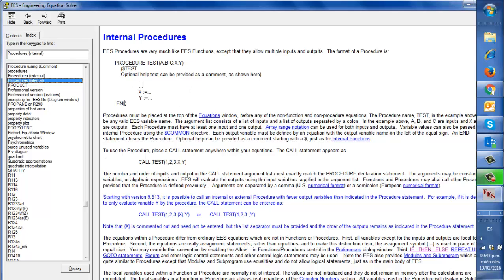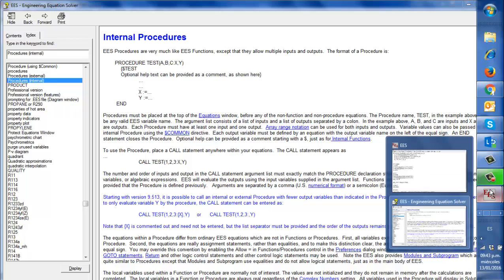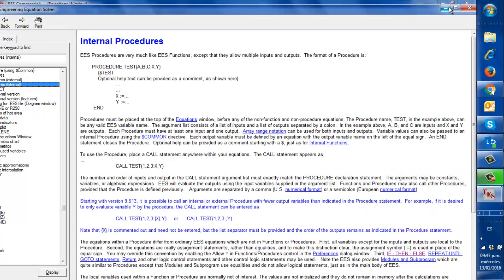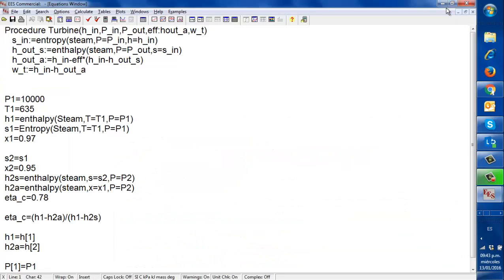It said that you need to end with the word end. So I go here and I say end.